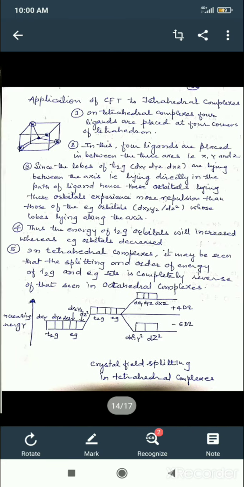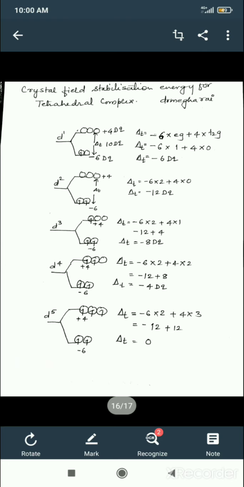But in the tetrahedral system there is only the weak ligand system, also called high spin. Here eg is at the lower level, two orbitals, and T2g is at the higher level, three orbitals.